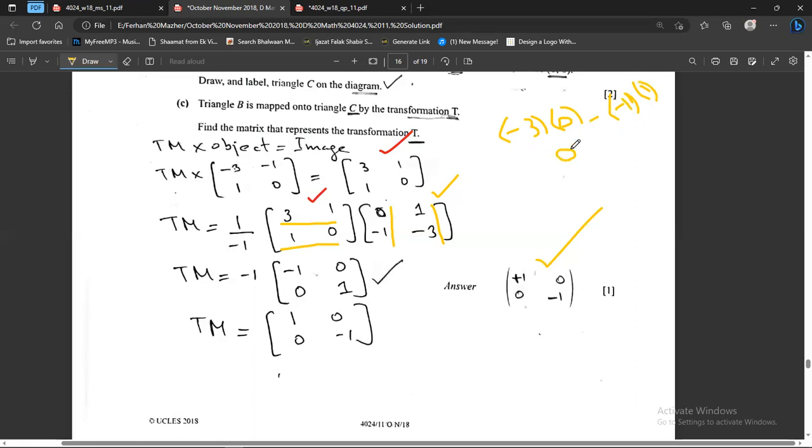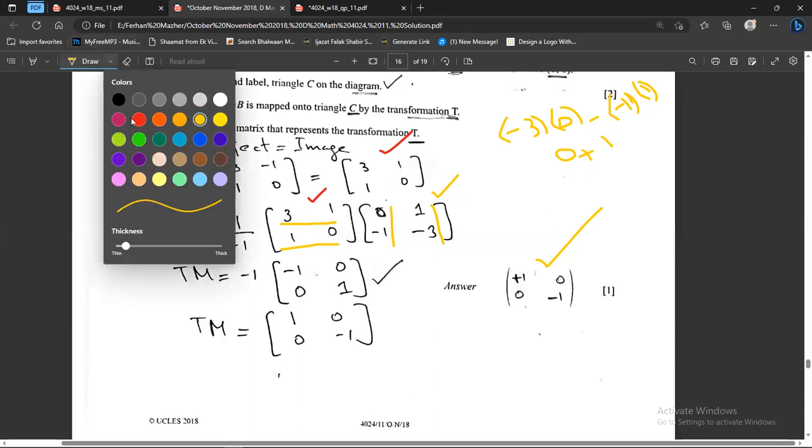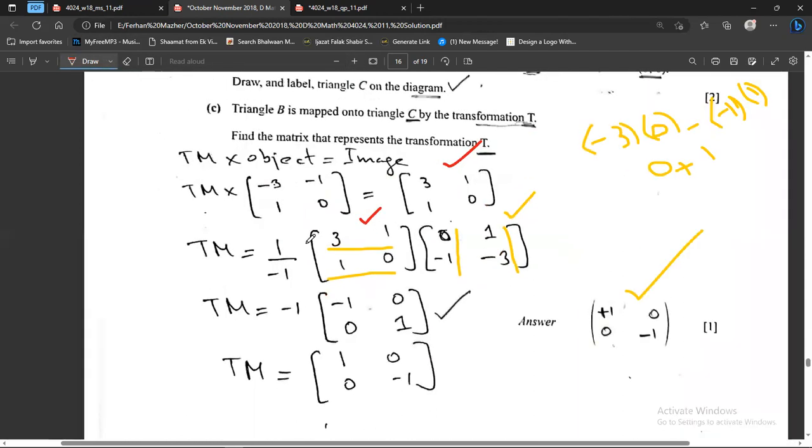So this will become 0, and this will become +1. So now it's very important. Let me correct this thing. I made a little mistake. Its determinant is +1. Okay, this determinant is +1, not -1. So it will remain negative, and this will remain positive.